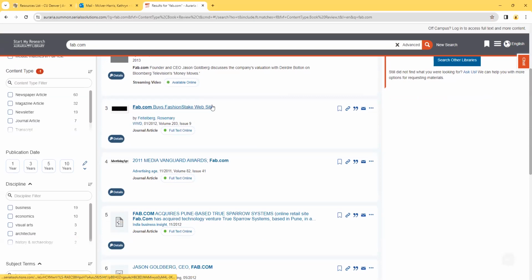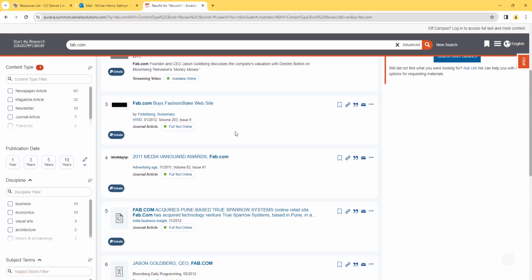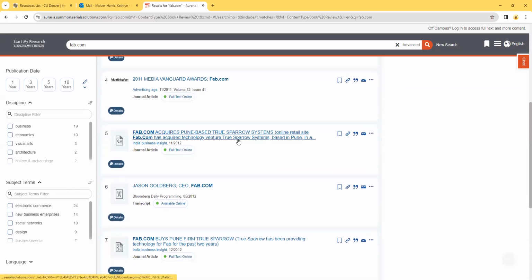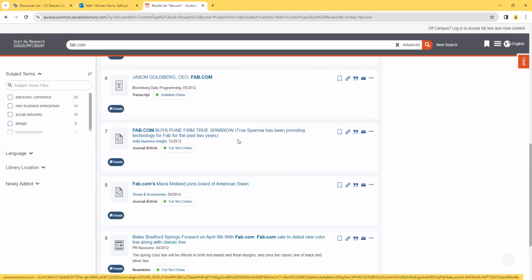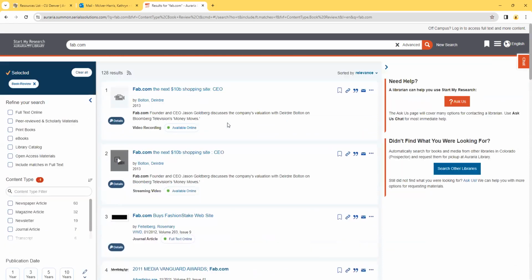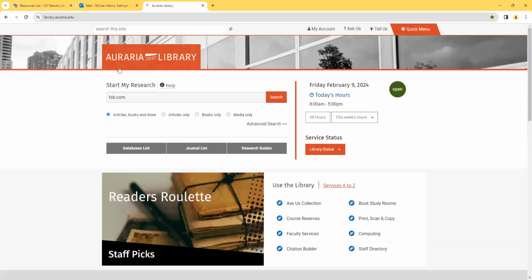So you see here, they looked at a fashion website. You can see they got an award. They acquired a specific business to help them deliver their products. They've got some people joining. So if you were going to look for something like that, you would go ahead and use the Start My Research. You looked at fab.com, shows that specifically.